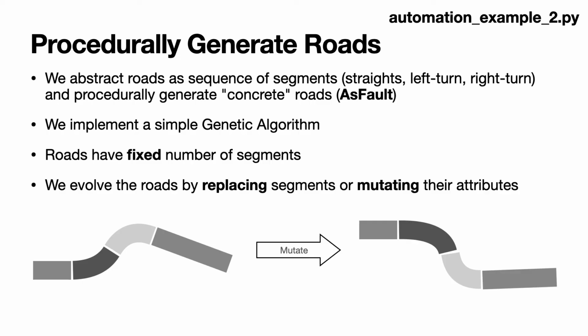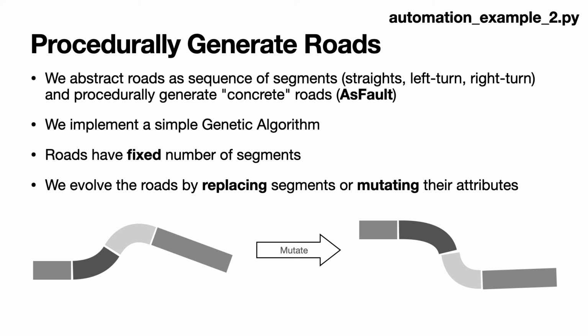So this was a first example. The second example, which is much closer to what we will discuss today in the workshop, is about procedural road generation. The idea here is to implement a simple genetic algorithm, so nothing fancy, tournament selection and mutation only, no crossover, by generating roads as sequences of segments. So a chromosome is a sequence of segments.